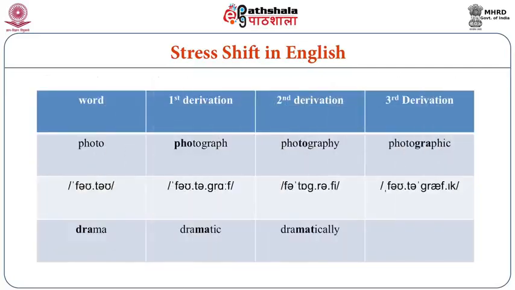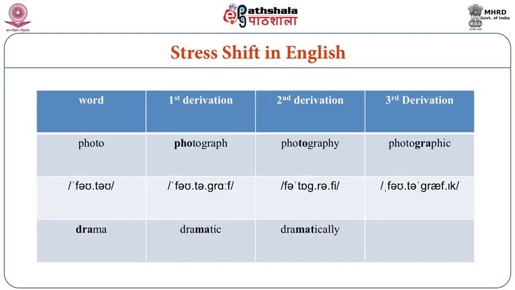Now you can see it's photo. This is one, photo. The stress is on photo. But when the first derivation comes and it becomes photograph, then the stress comes on graph. So the stress changes. Stress is not on pho.